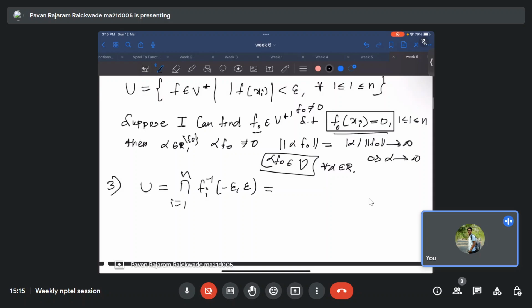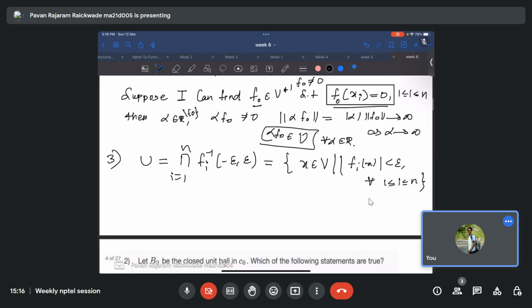It can also be written as the set of all x in V such that modulus of Fi at x is strictly less than epsilon for all i going from 1 to n. So this is a basic open set.